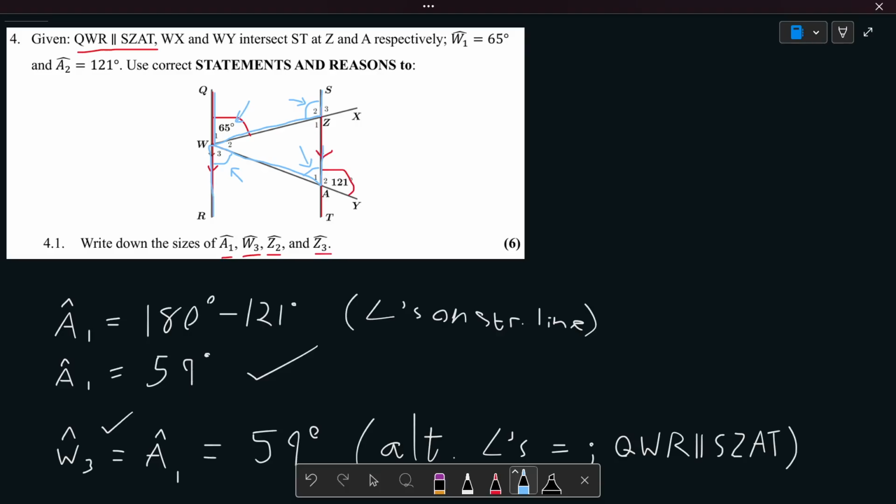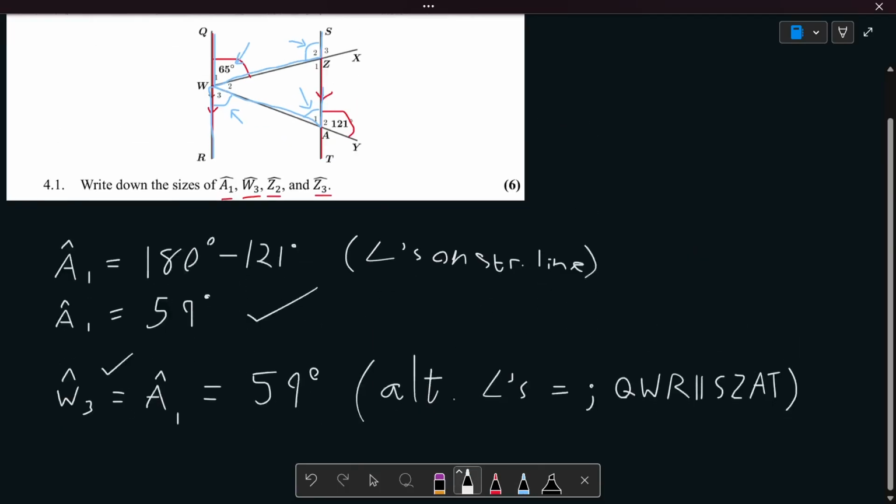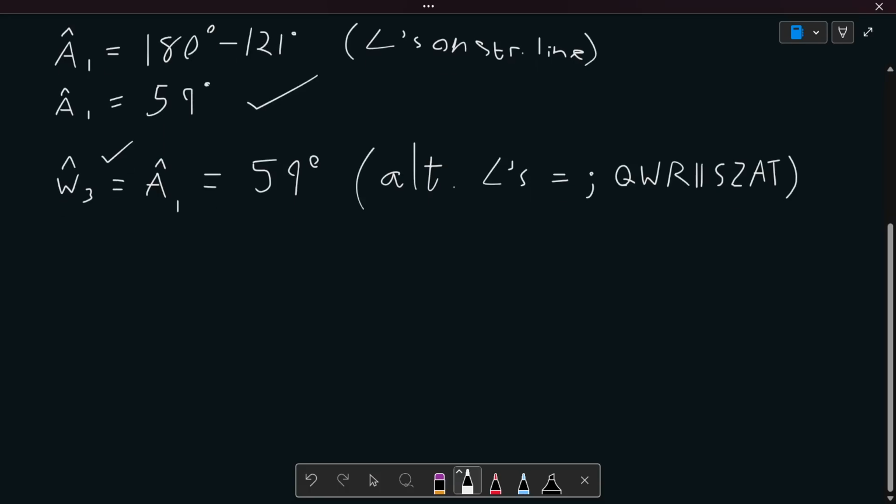So what do you remember about co-interior angles? The sum of the two co-interior angles will be equal to 180 degrees. So we can say angle Z2 plus 65, but I'm just going to take it over immediately.